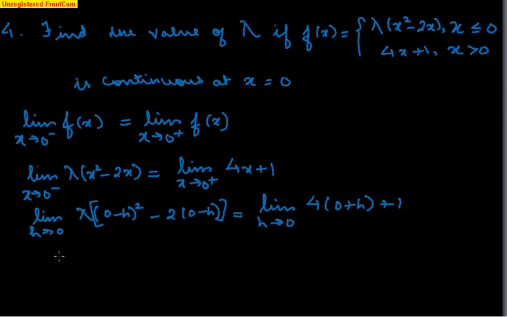Now if I put the value of h as 0 here, I get lambda is equal to, and I put 0 here as well, 1. So lambda equal to 1 is the answer.